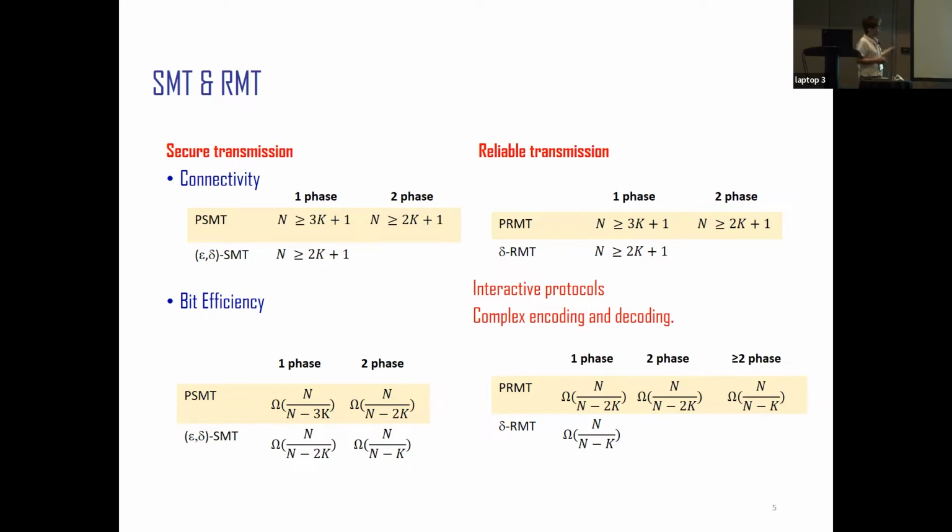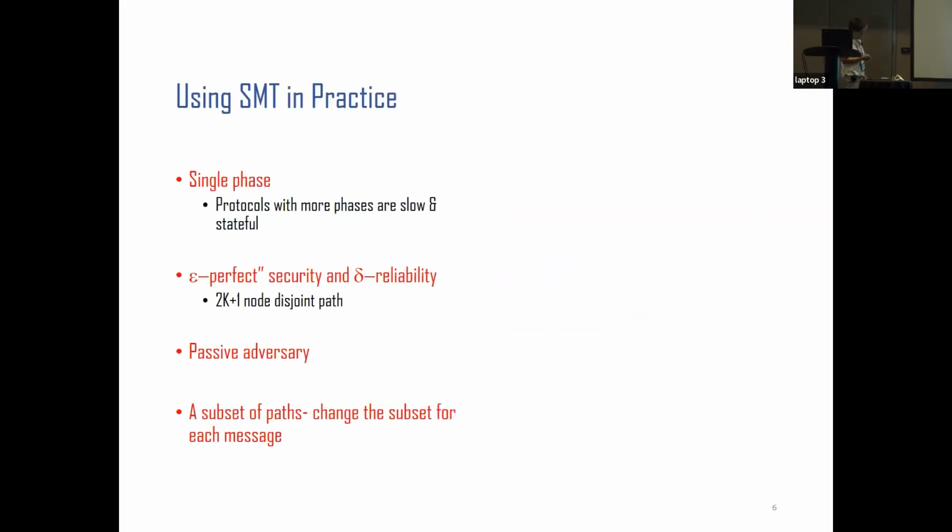So our goal was to take some of these theoretical results to practice. If you want to do that, you have to accept some simplifications, because otherwise the protocols are too complex, and no one in practice accepts many rounds of back and forth to send one message.